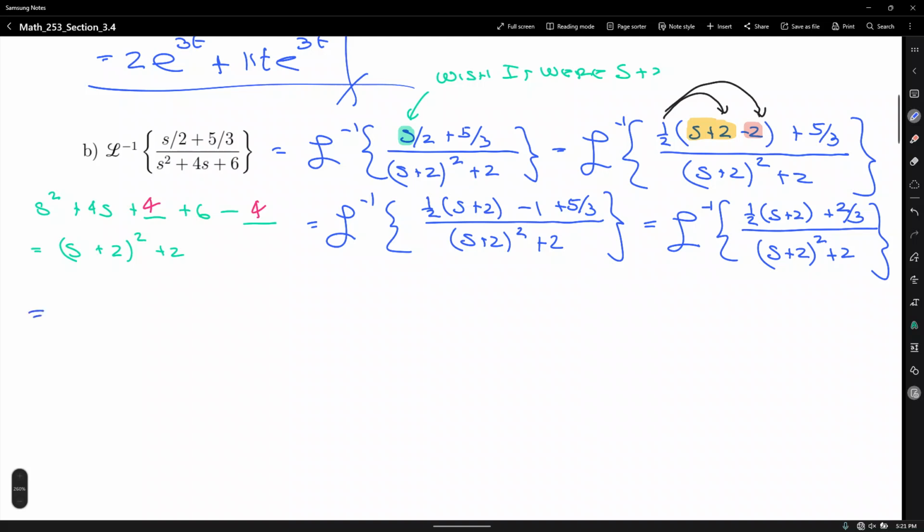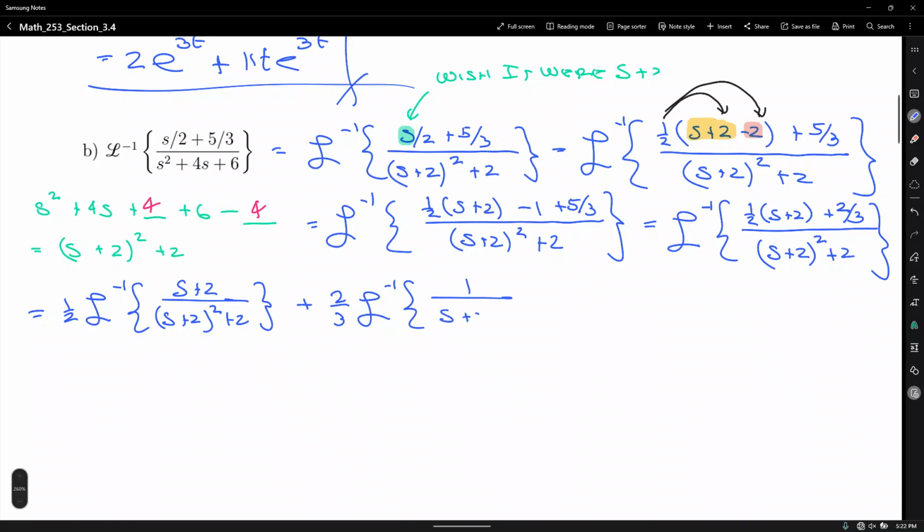So that'll be 1/2 inverse transform of (s plus 2) over (s plus 2) squared plus 2, plus 2/3 times the inverse transform of simply 1 over (s plus 2) squared plus 2.